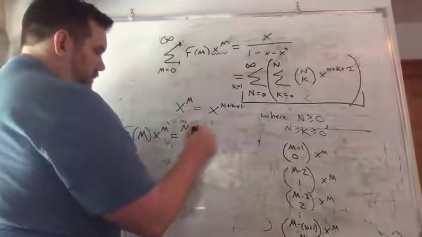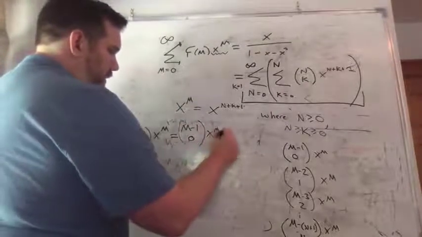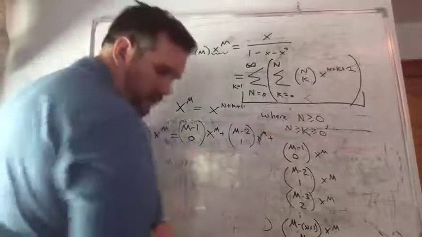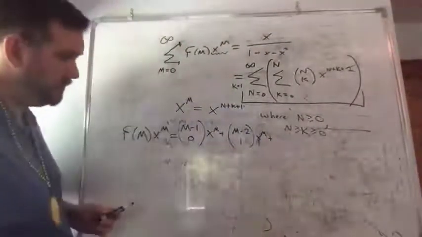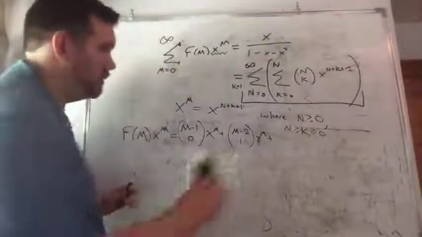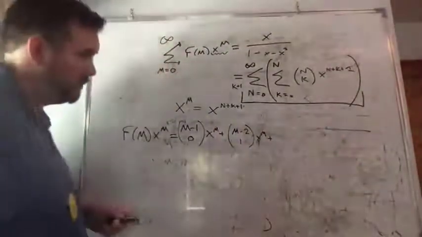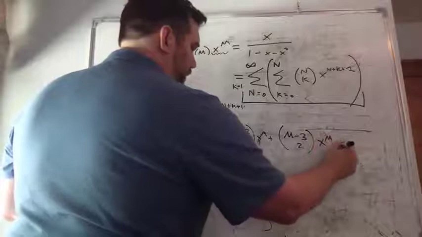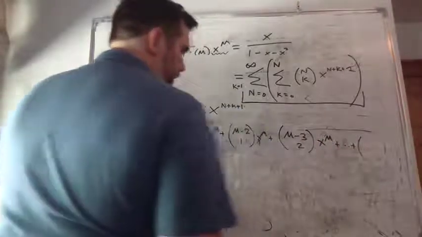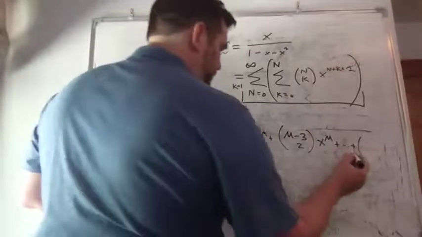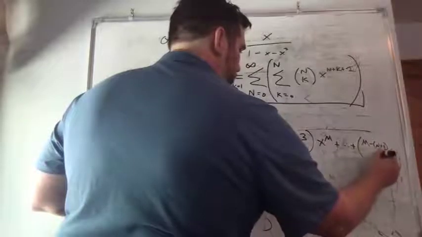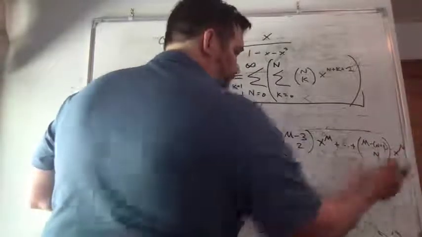So I have m minus 1 choose 0, x to the m, plus m minus 2 choose 1, x to the m, plus, and I'm just collecting these horizontally, plus m minus 3 choose 2, x to the m, plus dot dot dot, and the very last one we had was m minus n plus 1 choose n, x to the m.